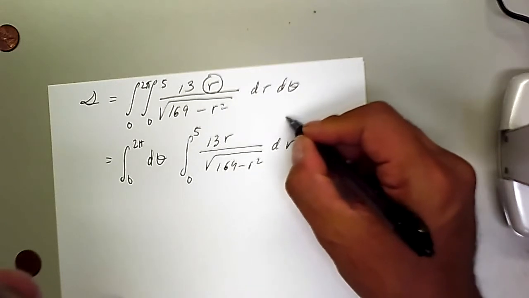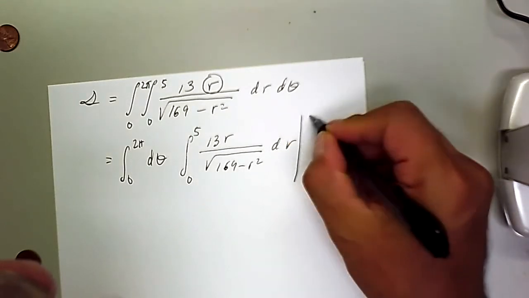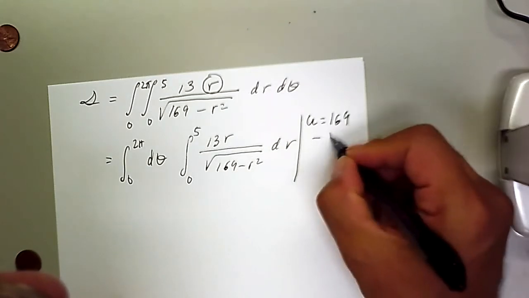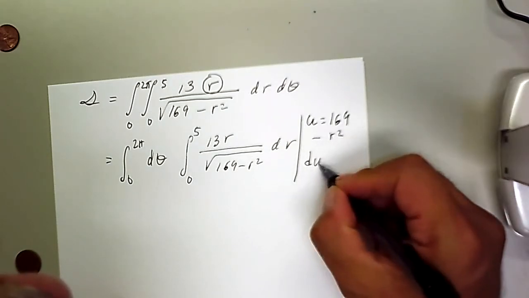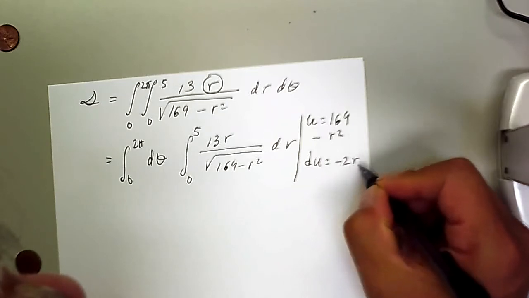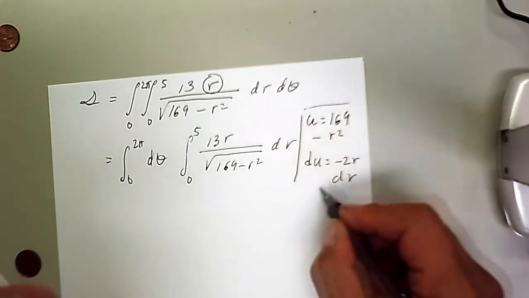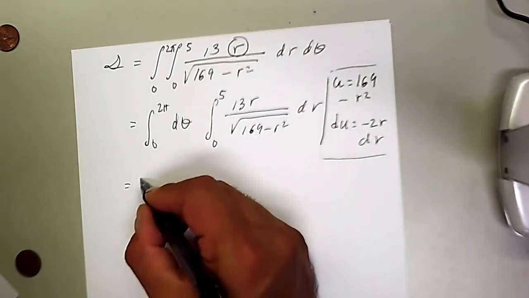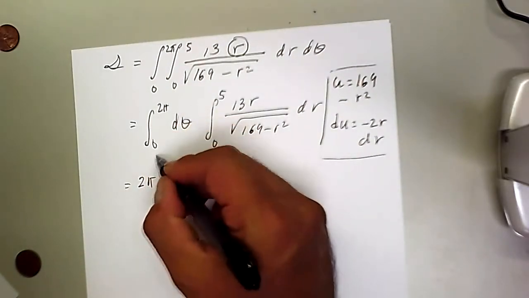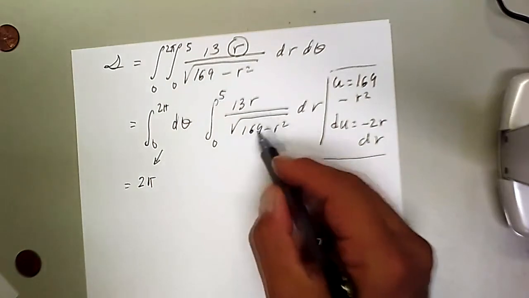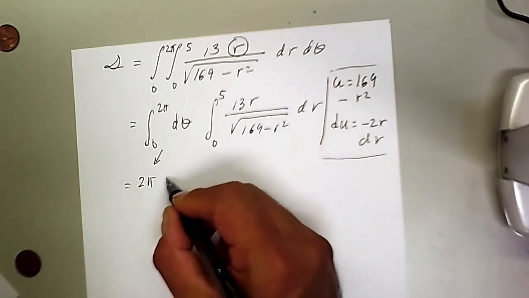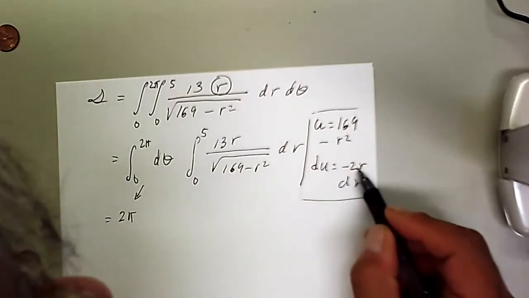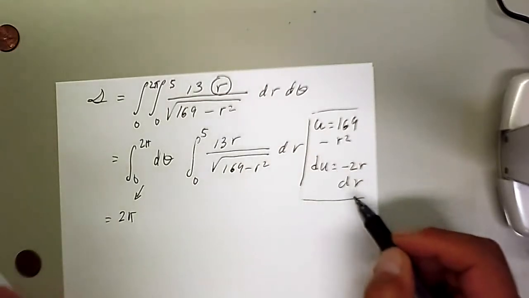I don't know. So we're going to set u to be 169 minus r squared. Consequently, du is going to be negative 2r dr. So this is side notes for the reader to see. So this is 2 pi coming just from this integral. And then we got to do a substitution. Well, the r gets absorbed by the du, but we got to divide by -2.